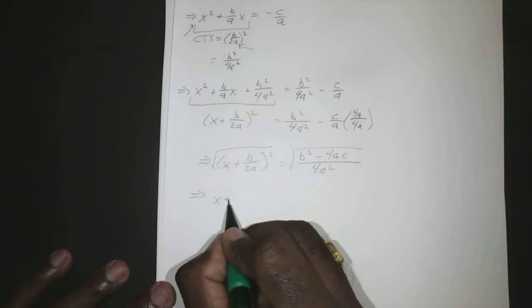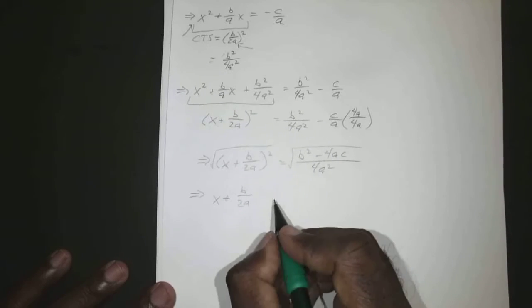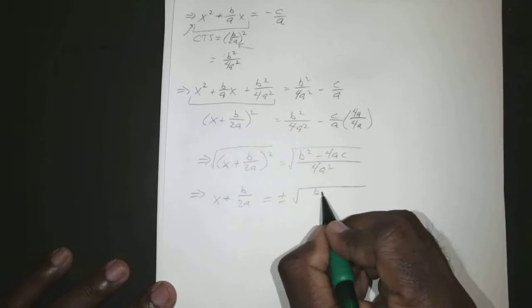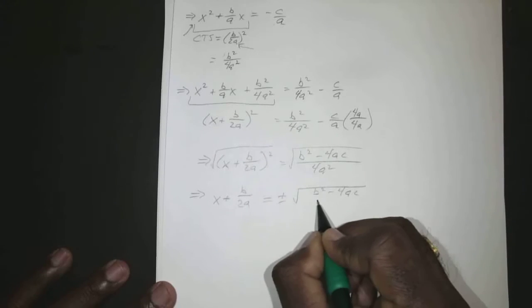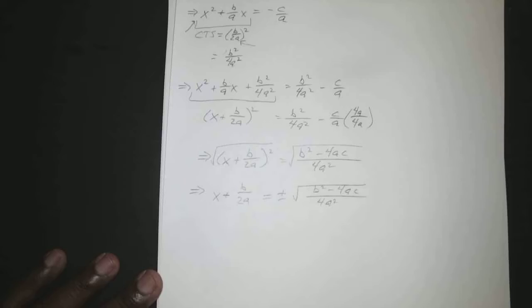Okay, so x plus b over 2a, once our square and square root cancel out, that's going to equal plus or minus the square root of b squared minus 4ac all over 4a squared.